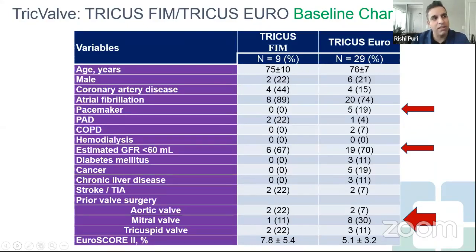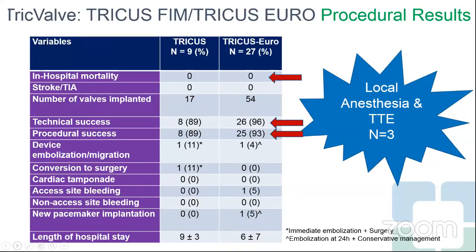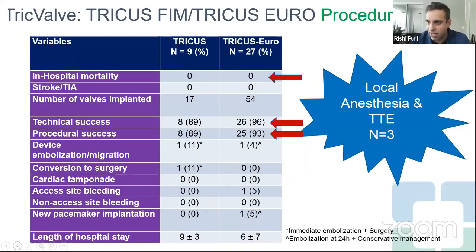And so finding or iterating means of assessing these patients, perhaps with CT or MRI, using contrast-sparing techniques, is where some of the iteration in procedural technique is going to take place as we start to broaden the device landscape with these technologies.